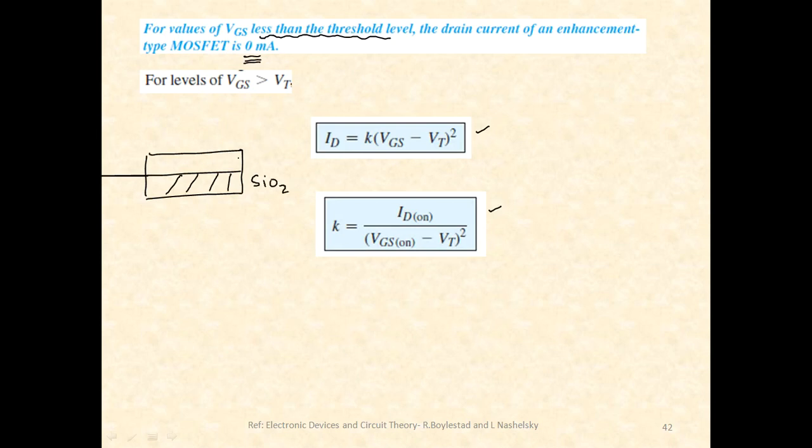Let us consider this to be SiO2, so this is oxide and this is metal. Source and the drain are N plus, and this will be P substrate. So this is gate, source and the drain.